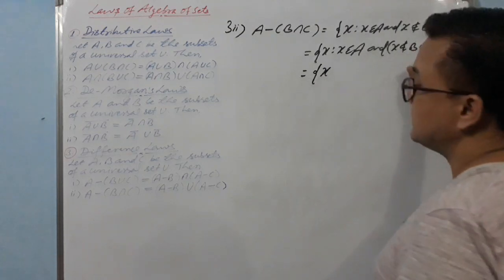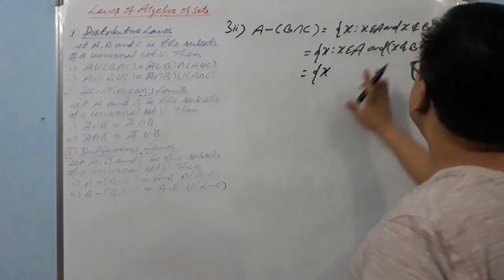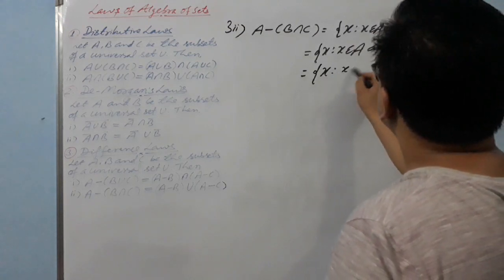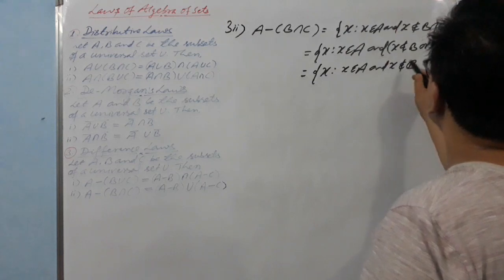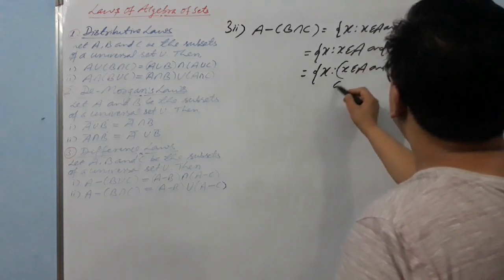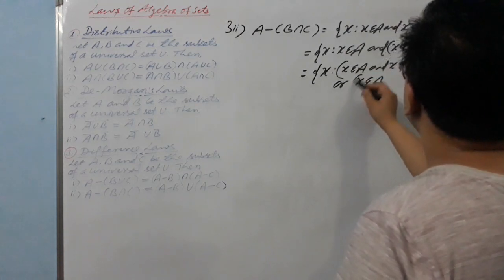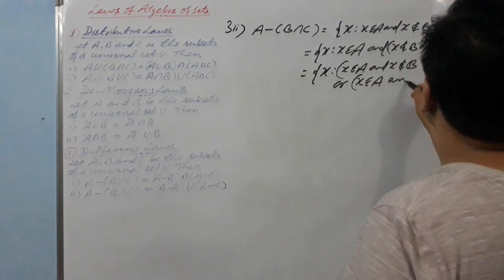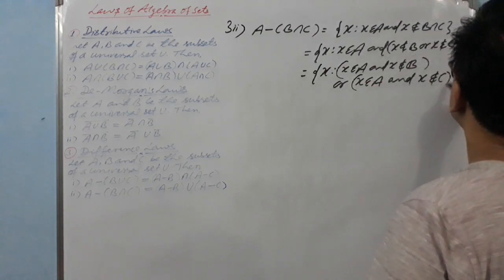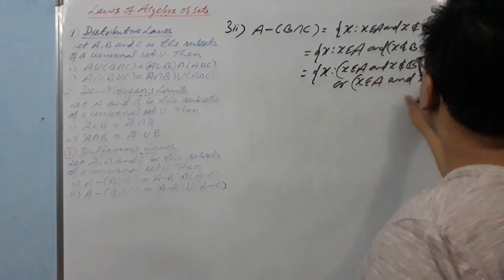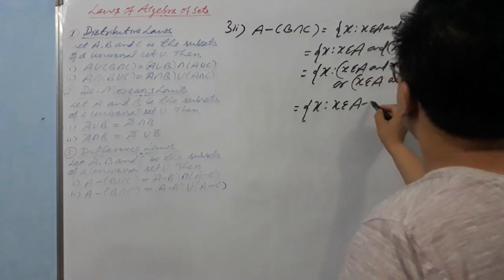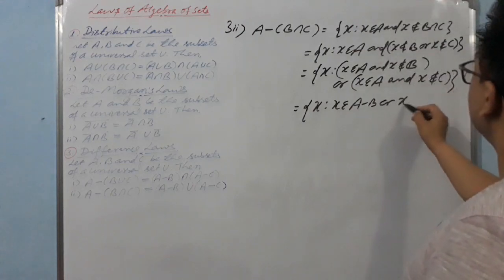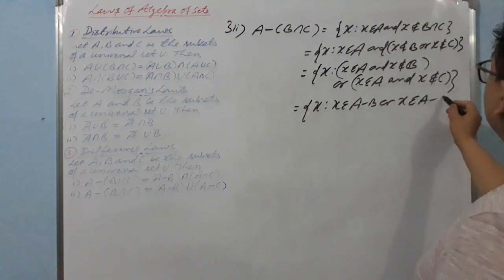Only for this I have done these questions for you. {x such that x belongs to A and x does not belong to B, or x belongs to A and x does not belong to C}. Here A minus B, A minus C. By the definition of difference, {x such that x belongs to A minus B or x belongs to A minus C}.